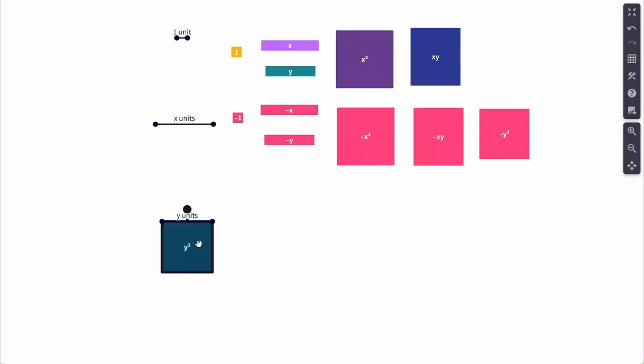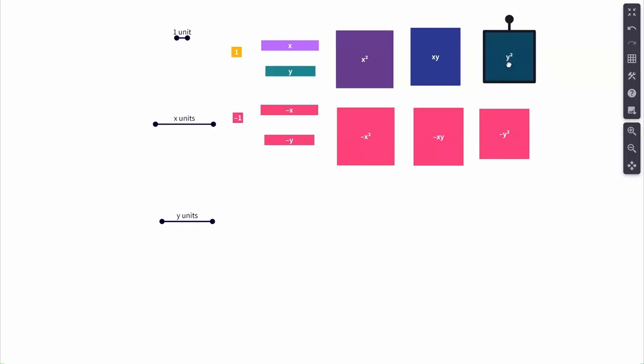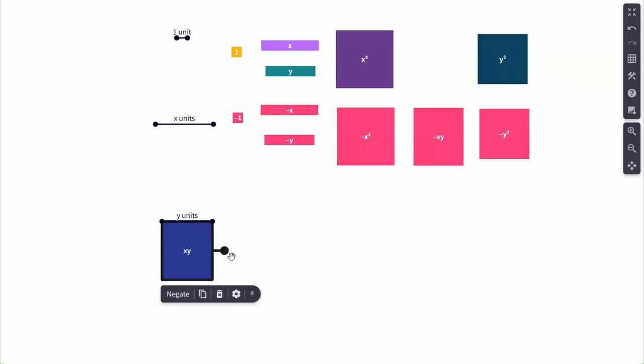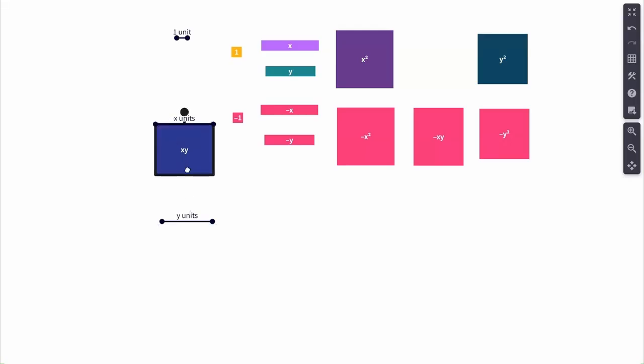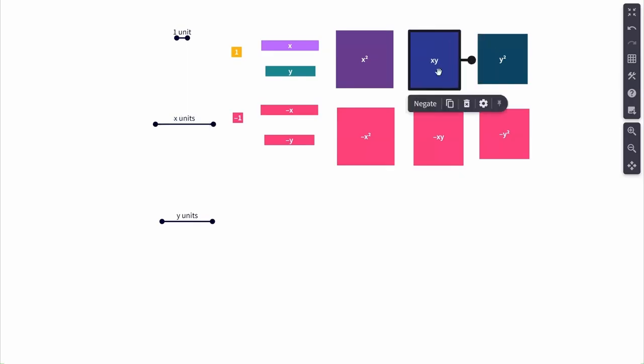Y squared, Y units wide, Y units tall. Y times Y is Y squared, and then X times Y, it's Y units wide in this case, and X units tall. So we get this X times Y area. So each of these squares represents the area of the space that it covers. Let's not worry about the pink ones with the negative signs quite yet.